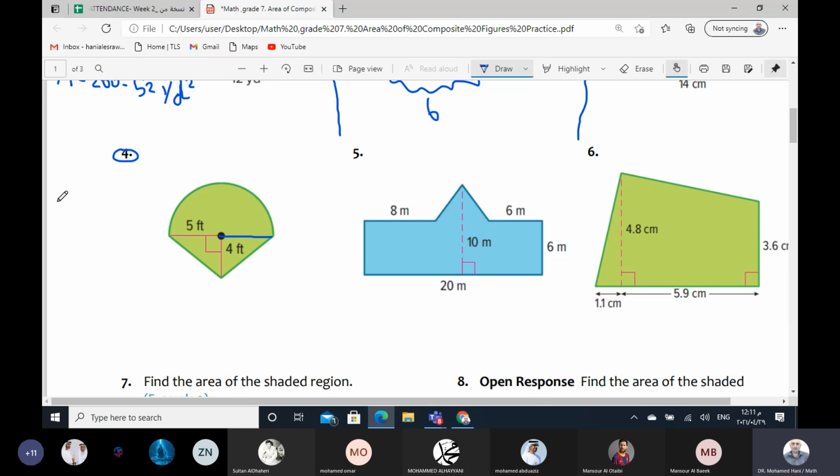So the area of the composite figure, we have two congruent triangles, so multiply by 2, and the rule of the area of the triangle will be 1 over 2 multiply by the base times height, 5 times 4.